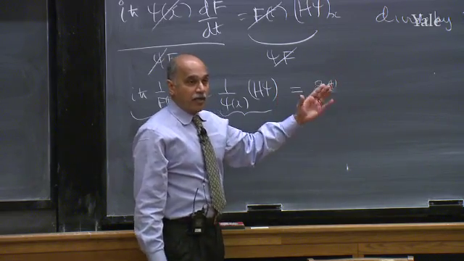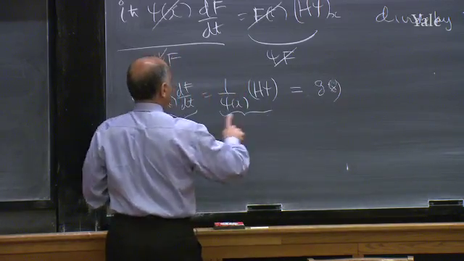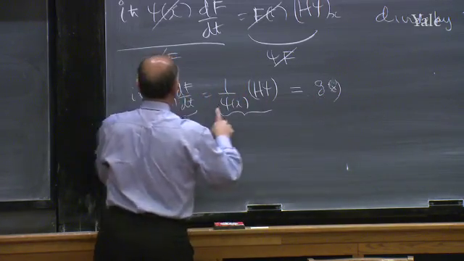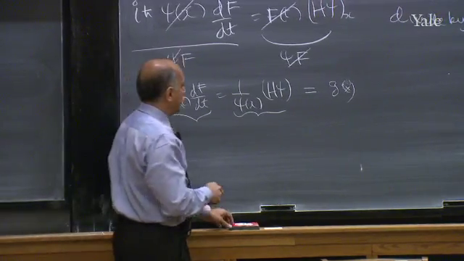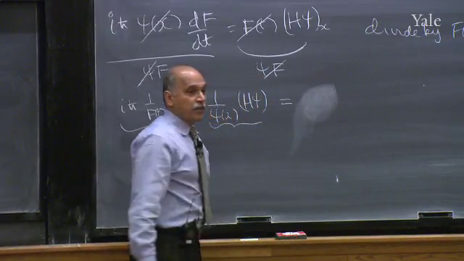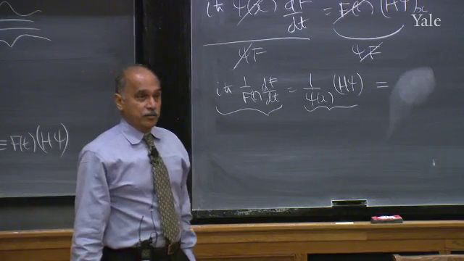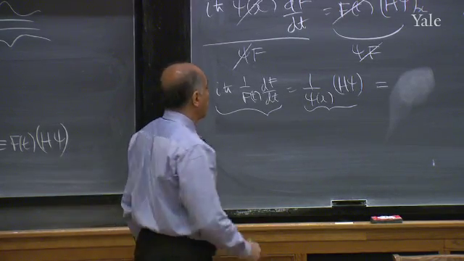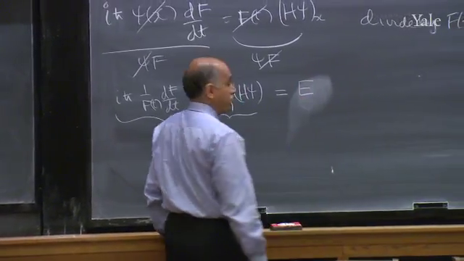And it cannot depend on x, because if it was a function of x that it was equal to, as you vary x, this can change with x to keep up with that. This has no x dependence. It cannot vary with x. So this thing that they're both equal to is not a function of time, and it's not a function of space. It's a constant. That's all it can be. So the constant is going to be very cleverly given the symbol E.